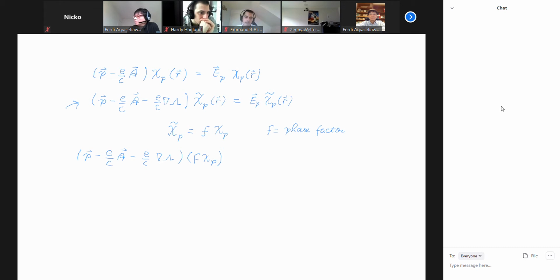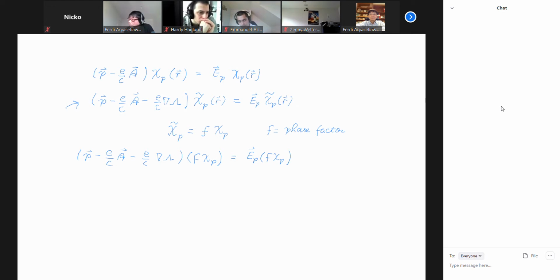I drop the position vector, we understand this all depends on chi_p. So the aim is to figure out what this phase factor F is.